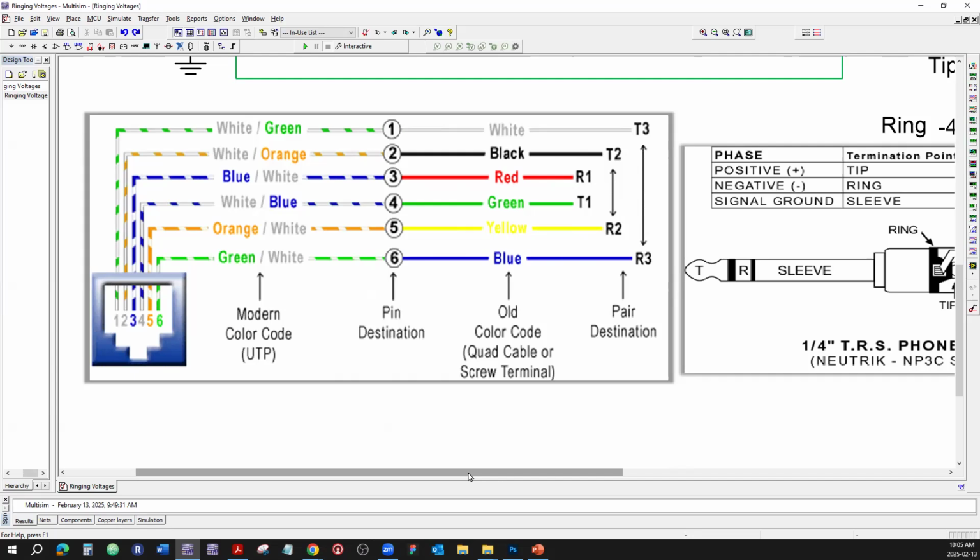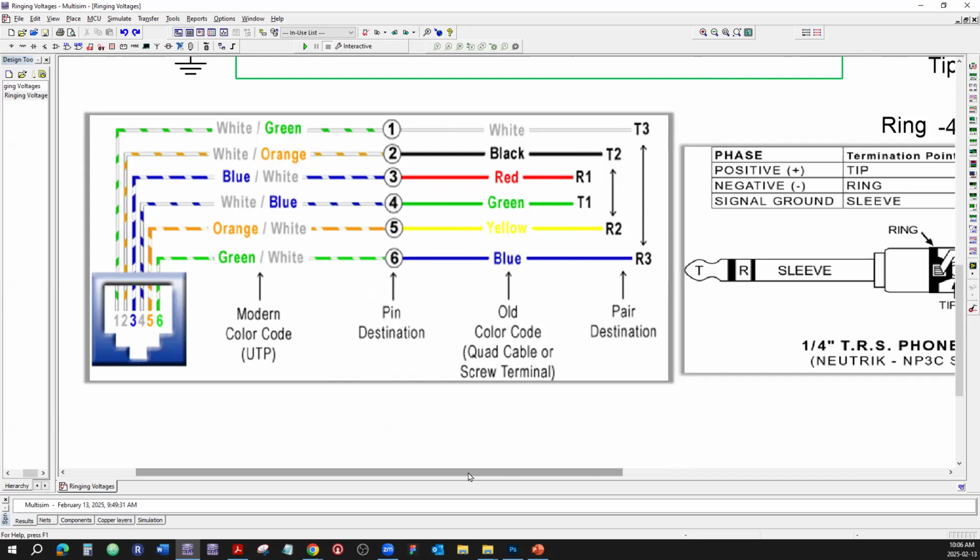So, we're dealing with the lab this week, the 2025 network cabling course, that we're connecting a 25 pair cable onto something that's called a BIX terminal.